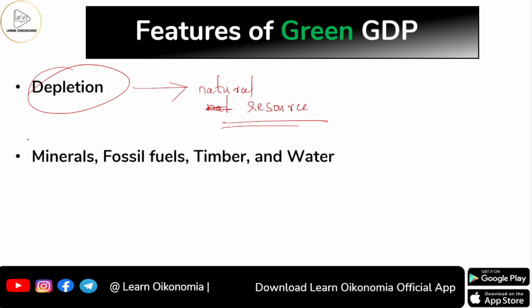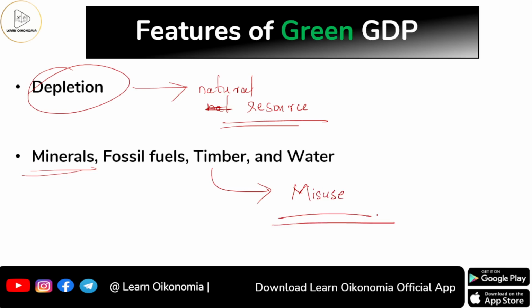It happens. For example, we use as many minerals as possible. We use as much fossil fuel as possible. We use as much timber as possible and as much water as possible. So if we are using these resources, it's okay. But what happens if we misuse the same? We misuse the same in many instances.